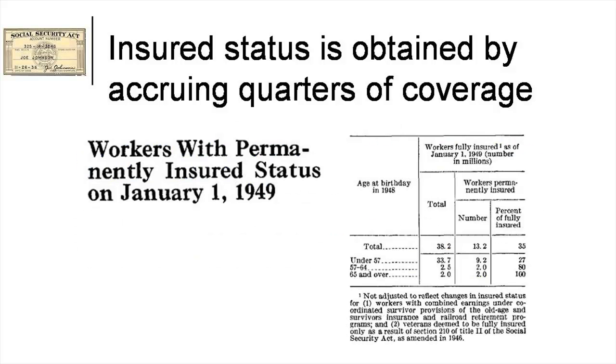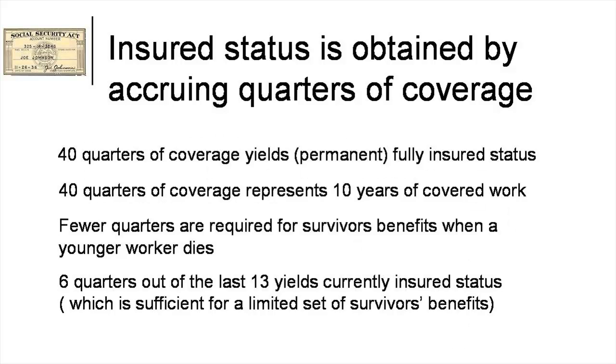In addition, the agency sometimes uses the phrase permanently insured to identify workers who have acquired sufficient quarters of coverage for fully insured status, not just for the present, but whether or not they continue to work. Old age insurance, retirement benefits, and most survivors' benefits require fully insured status.